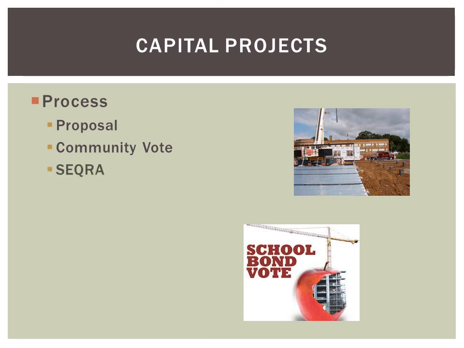The next step is what's called a SEQRA, or State Environmental Quality Review Act. That is a state regulation that requires school districts and other organizations to submit a formal report to the state governing bodies indicating what, if any, environmental impact the project will have. And obviously, if a school district is putting in a new 5-acre parking lot, that's going to have a significant impact on water runoff and drainage and such in the area.